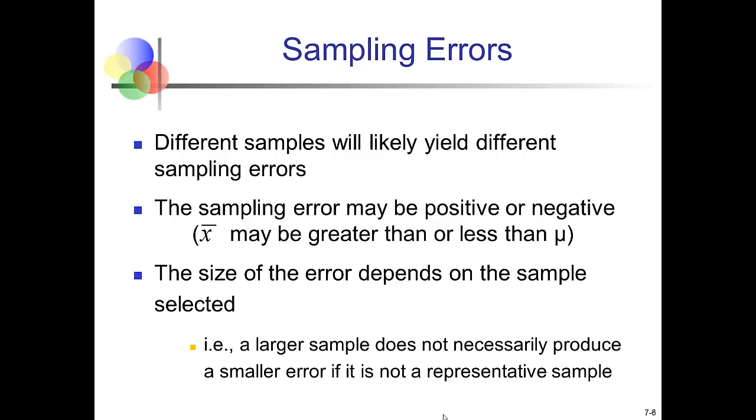So sampling error exists. Now, we've made this look like we will always know what the sampling error is. But remember, we don't usually know that true population parameter, so we won't actually know what the sampling error is. We need to understand that this concept exists so that we realize whatever values we're getting for those sample statistics are likely wrong.